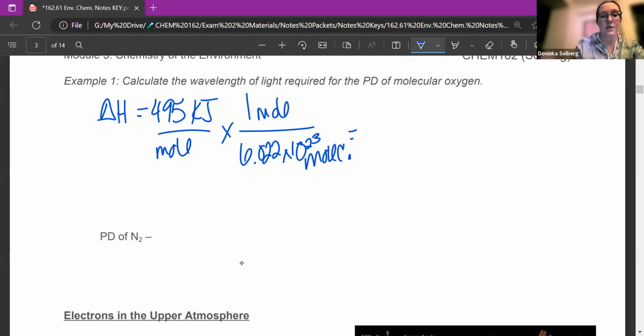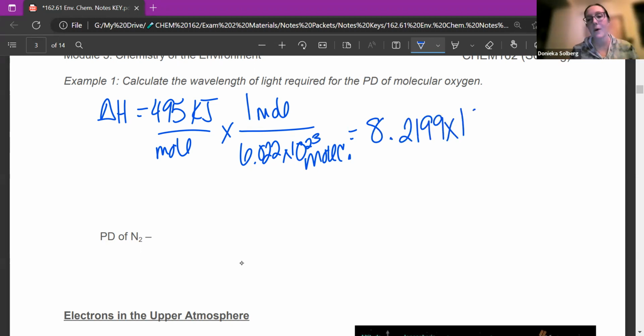So if I do this calculation, I get 0.219 per molecule. That is the energy required to break up one molecule of oxygen. It's very, very small.